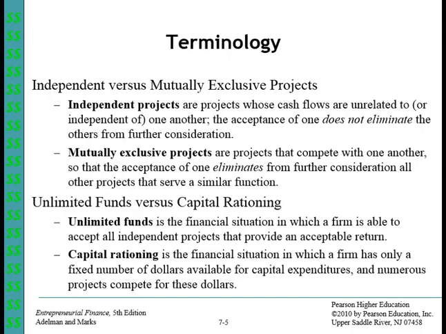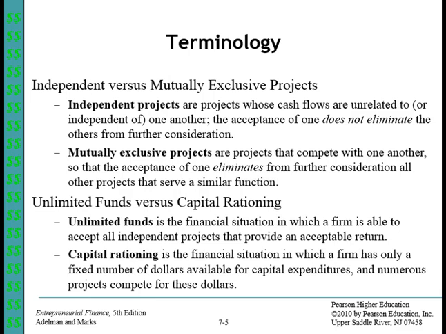There are a couple of ways of thinking about cash and how we make these decisions. The first thing we want to talk about is the difference between different types of projects. We could talk about an independent project or a mutually exclusive project. Independent projects are projects that have cash flows that are unrelated to each other.